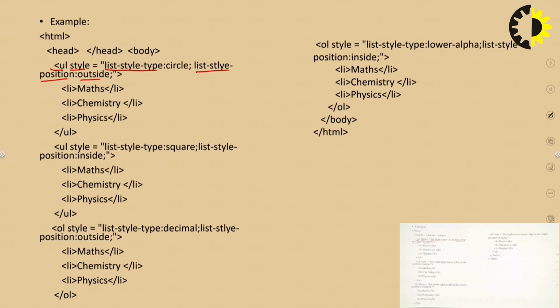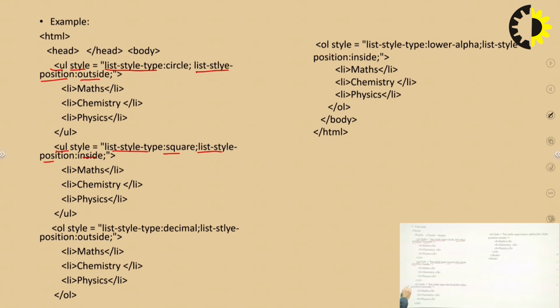So maths, chemistry, physics will display in the outside position. Similarly, we have defined UL again, the list-style-type is square and the list-style-position is inside. In this case, maths, chemistry, physics will display in the inside position that we recently discussed.